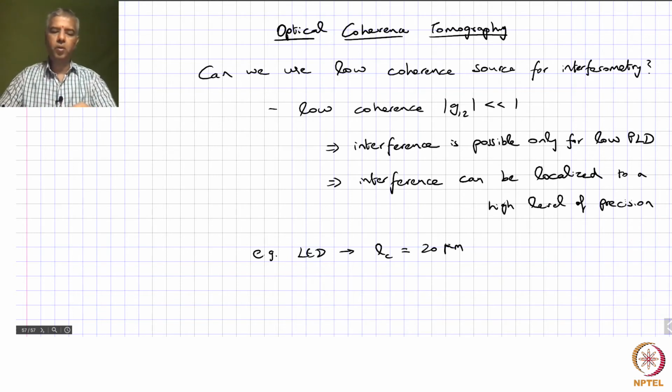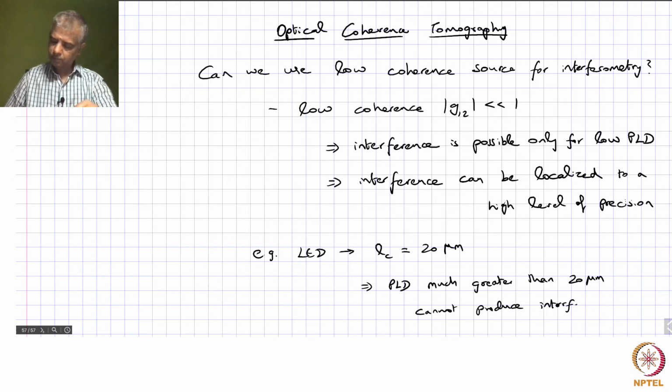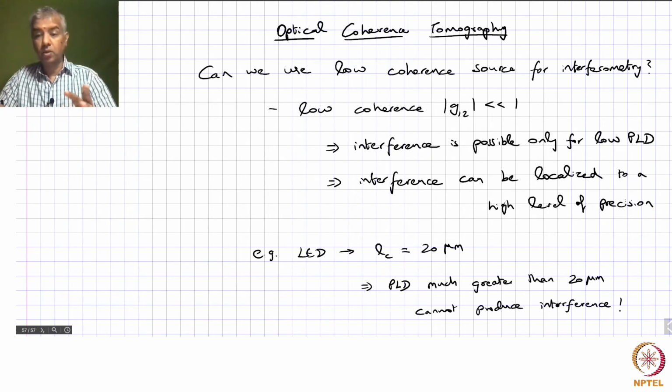What does 20 micrometers mean? It means that a path length difference much greater than 20 micrometers cannot produce interference, right? And so how can we make use of something like this?